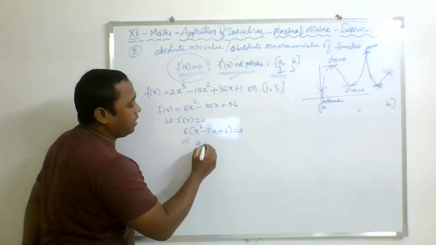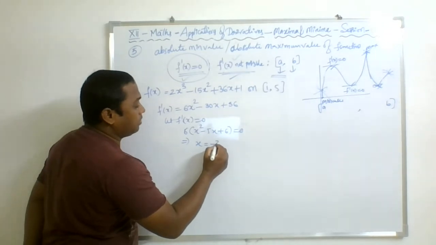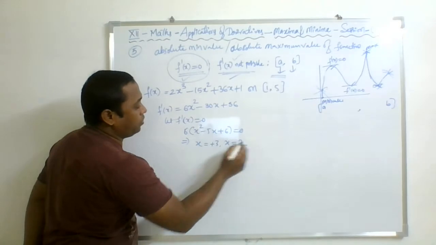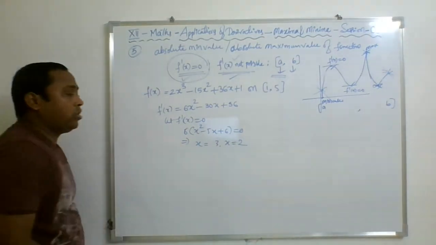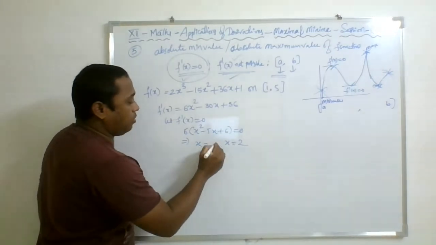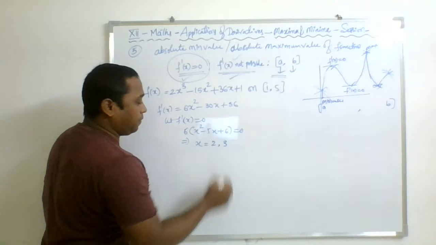So ultimately x would be 3 and x is equal to 2. See, we got two critical points when we set the derivative equal to 0. x is equal to 2, 3.